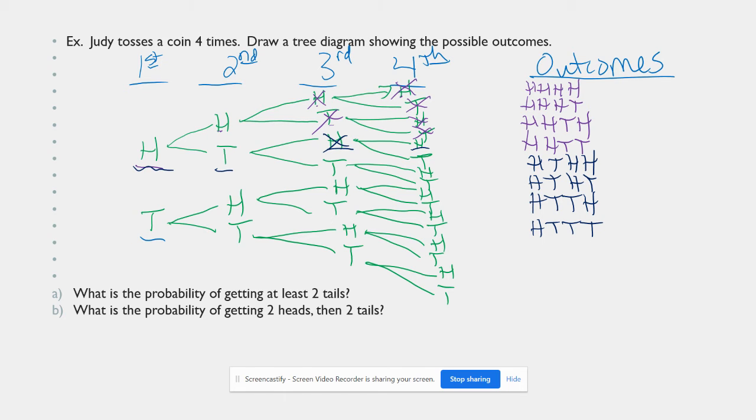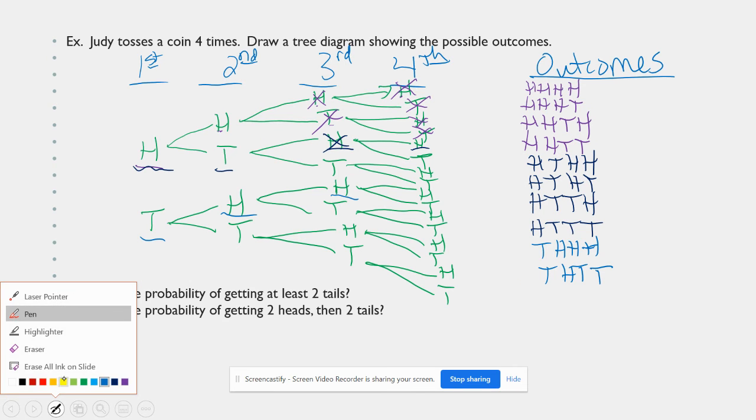Tails. So tails, heads, heads, heads. Tails, heads, heads, tails. Oops, I think I messed up here.